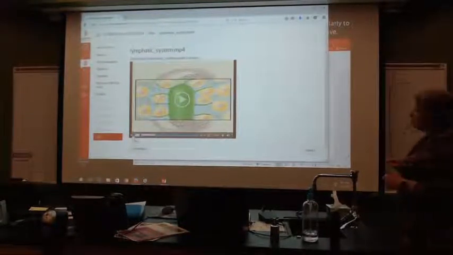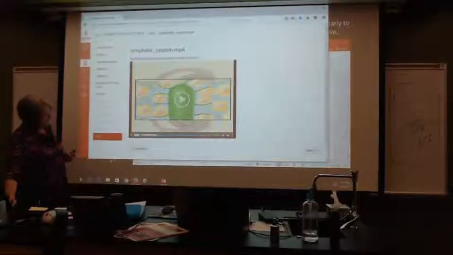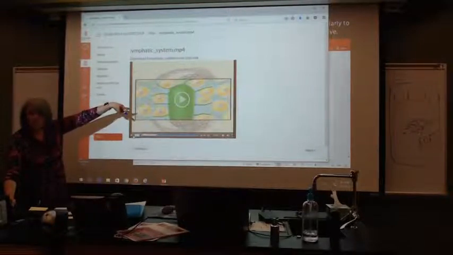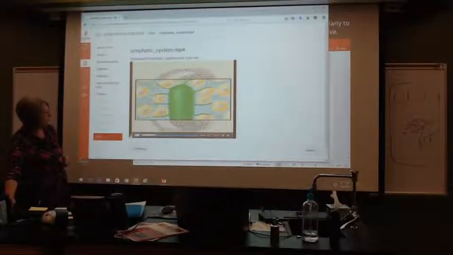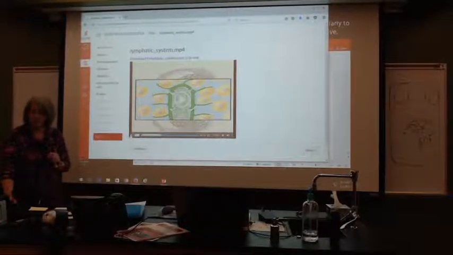So, when they're showing this lymph vessel right here, note how they're going to show the flow of the fluid. They act as one-way valves, only letting fluid enter. They only let fluid enter.